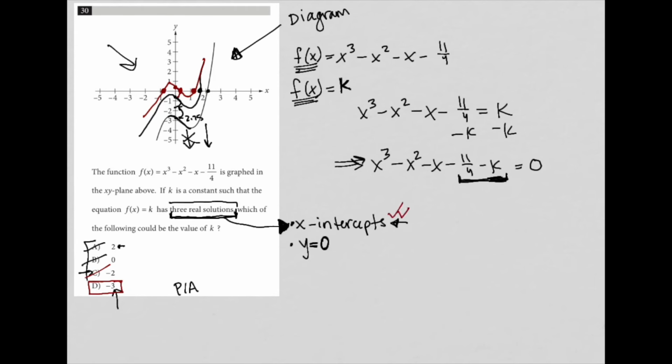From this x-intercept standpoint. Of course, you can do the math here. You can say, well, when I plug in D, negative 11/4, so I just do the math here. Negative 11/4 minus 3 over 1. Well, I want to have a common denominator. So it becomes negative 11/4 minus 12/4.